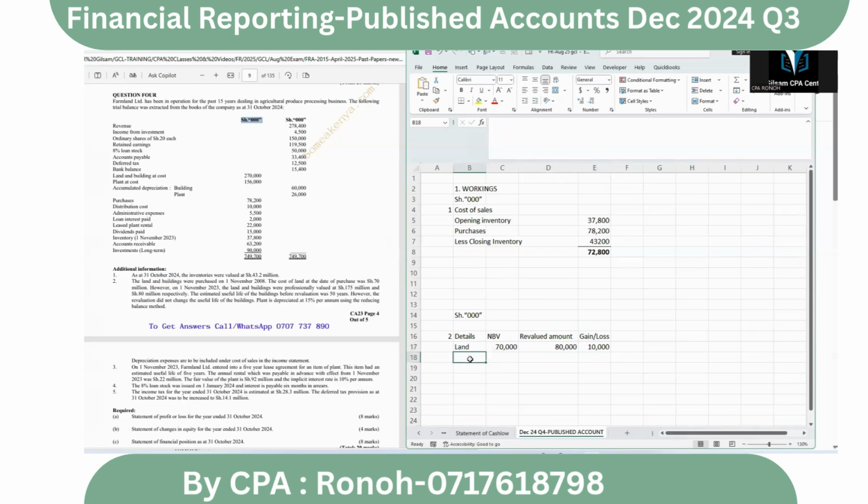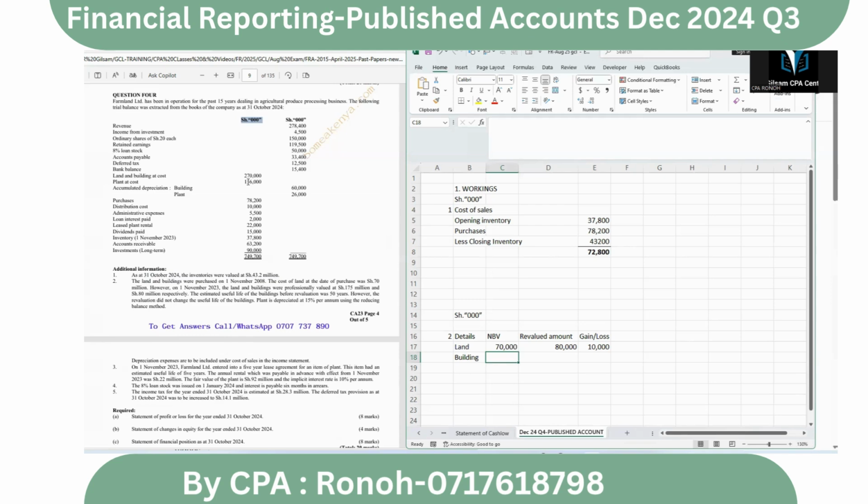Good. Another asset is the building. Let's get the net book value of the building. So the net book value for this: if you subtract 70 from 270,000, then we remain with 200.